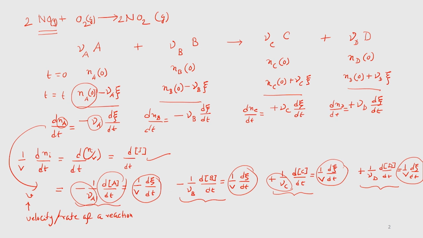So, coming back to the example which we just gave, 2 molecules of nitric oxide react with 1 molecule of oxygen to give 2 molecules of nitrogen dioxide.